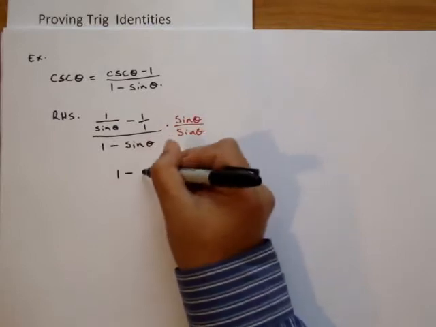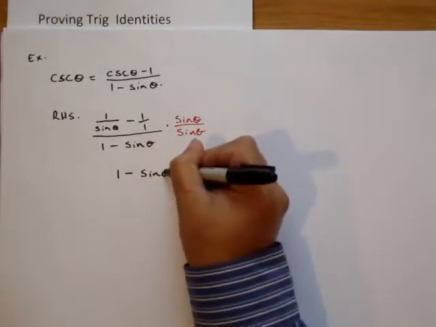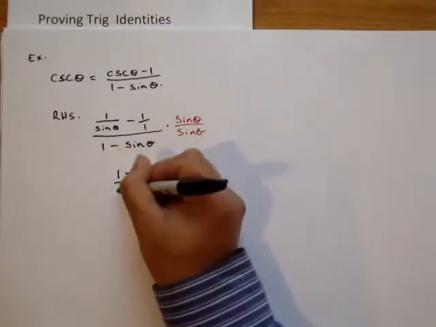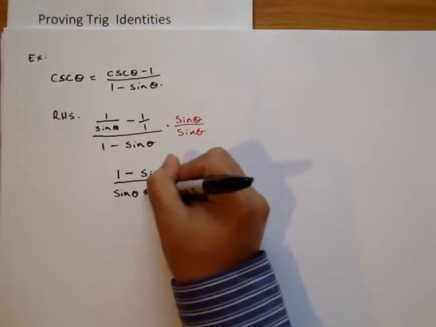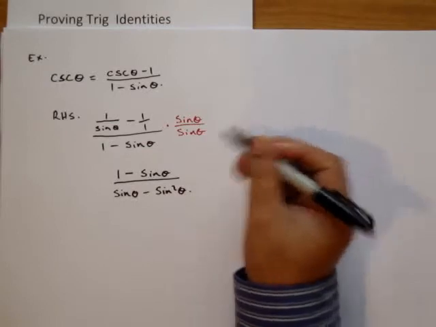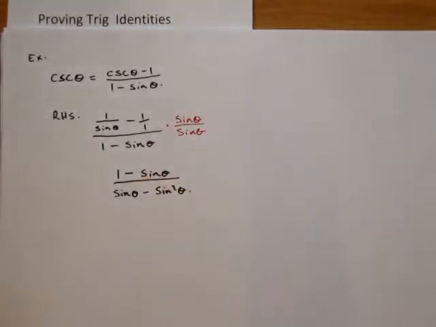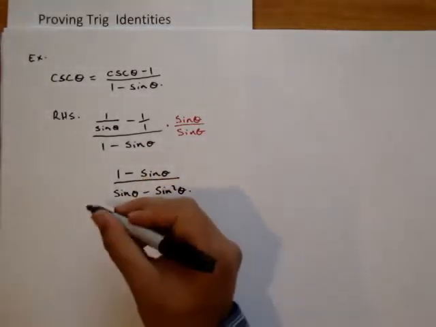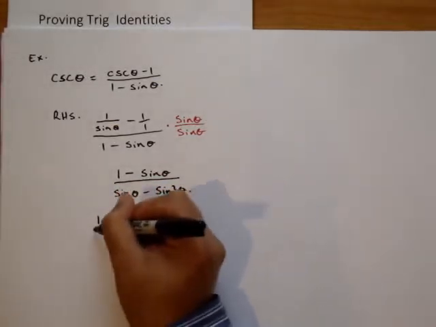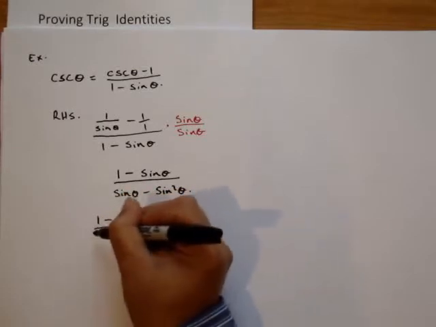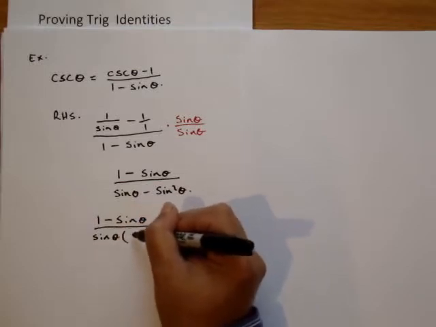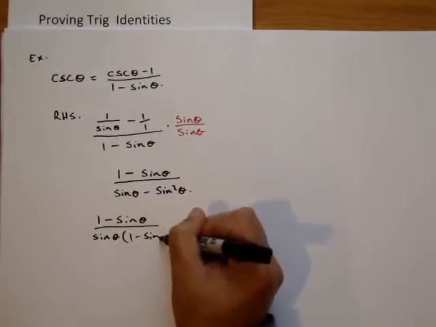Here we have sine theta on top, and on the bottom we have sine theta minus sine squared theta. Let's factor out a sine theta from the bottom, and this becomes 1 minus sine theta.